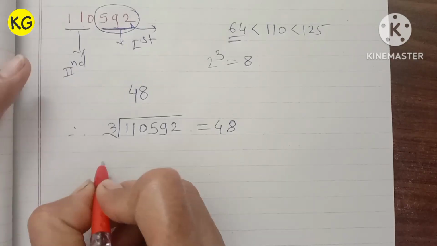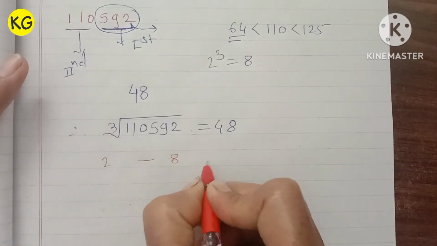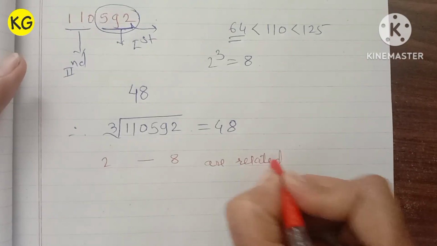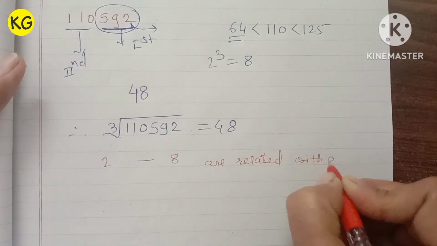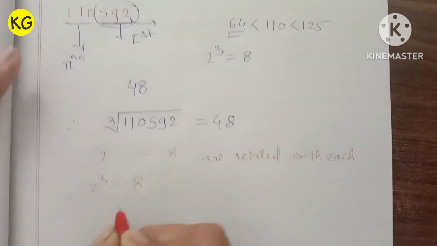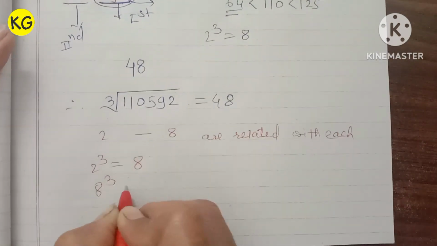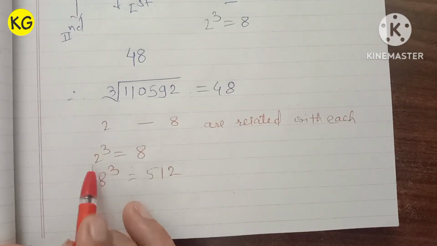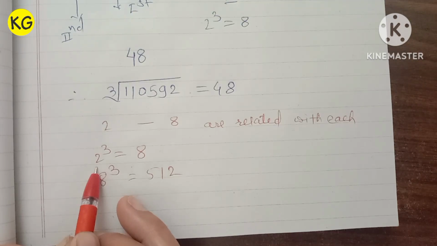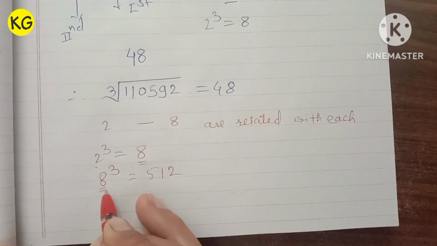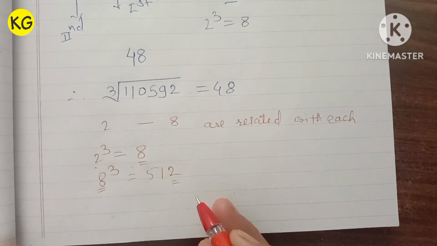Now see, 2 and 8 are related to each other. How? The cube of 2 is 8 and the cube of 8 is 512. While writing the cube of 2, 8 is at the ones place, and while writing the cube of 8, 2 is at the ones place.